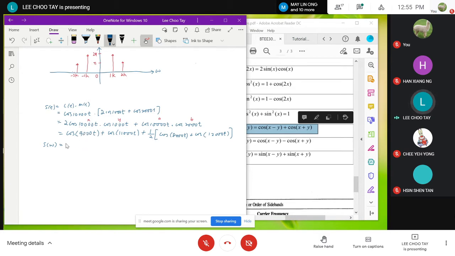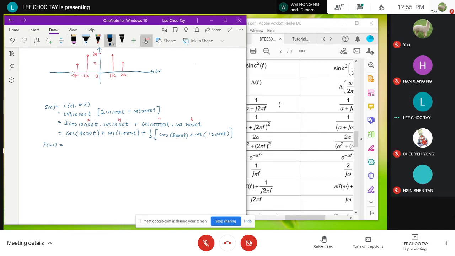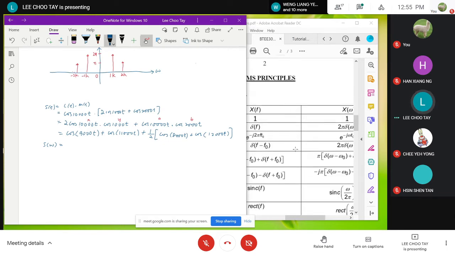Cosine of 9,000 will give me π[δ(ω − 9,000) + δ(ω + 9,000)], and then plus delta for the second one. So you can proceed with the rest, and you can see that every cosine term is going to give you 2 delta functions.